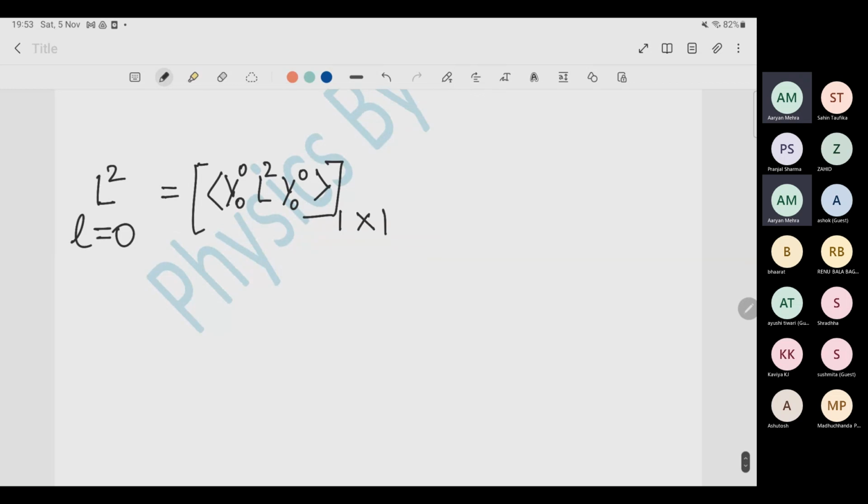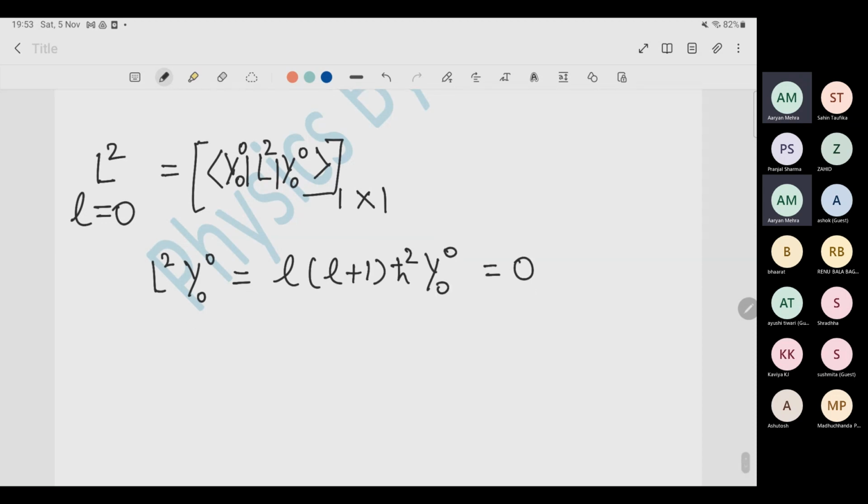Don't get intimidated by the formula, I am explaining what this actually tells you. But let's find this term first. L square Y00 will give you what? 0. Because the formula is L(L plus 1) h-cut square Y00. Since L is 0, it is 0.